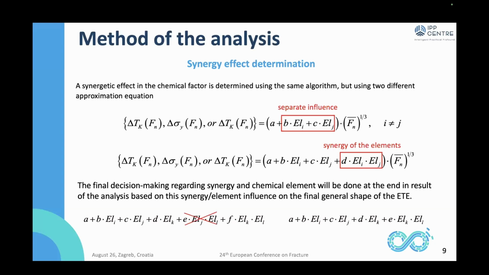For instance, if we have two equations, one I would say more precise, and if the data scatter is very close between these curves, then we can easily exclude this synergy.